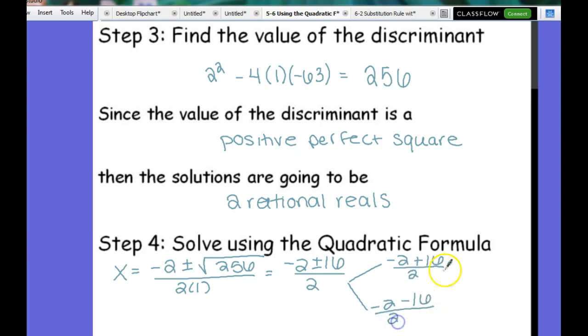And both of them are still divided by 2. Negative 2 plus 16 is 14. 14 divided by 2 is 7. Negative 2 plus negative 16 is negative 18. Negative 18 divided by 2 is negative 9. So really, what we're saying is x equals 7, x equals negative 9. These are my roots, or my solutions.